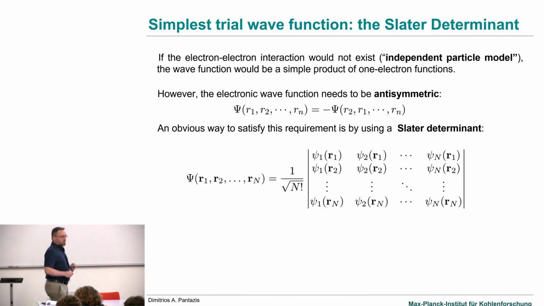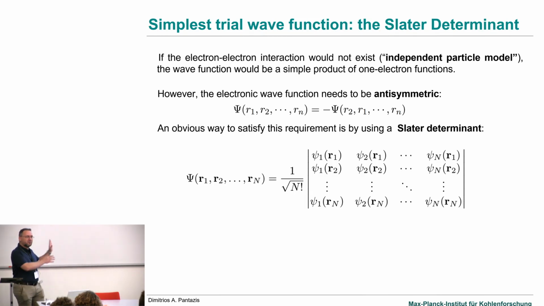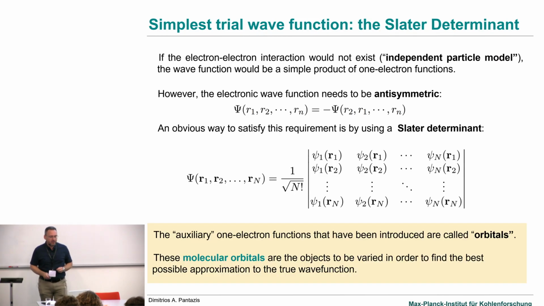To make this work, we need to put the electronic wave functions in a Slater determinant, and that's external knowledge, because we know that the wave function for the electrons should be antisymmetric. So we put everything in a determinant and we satisfy this requirement. These little functions are called orbitals. And when we're talking about a molecule, these are molecular orbitals.